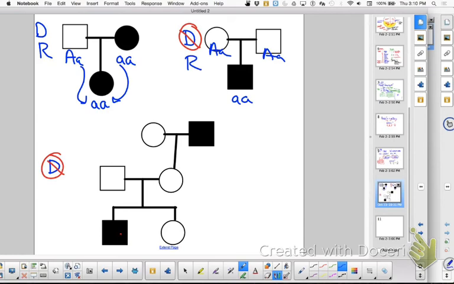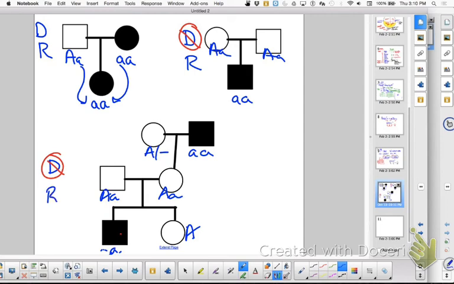Not with dominant, we said, but will it work with recessive? Yes. This could be little a, this could be big A, we don't know. This one could have a little a and a big A. They just don't have the disease. You could make a little a, and this one could have one of their big A's. So will that work with recessive? Yes.